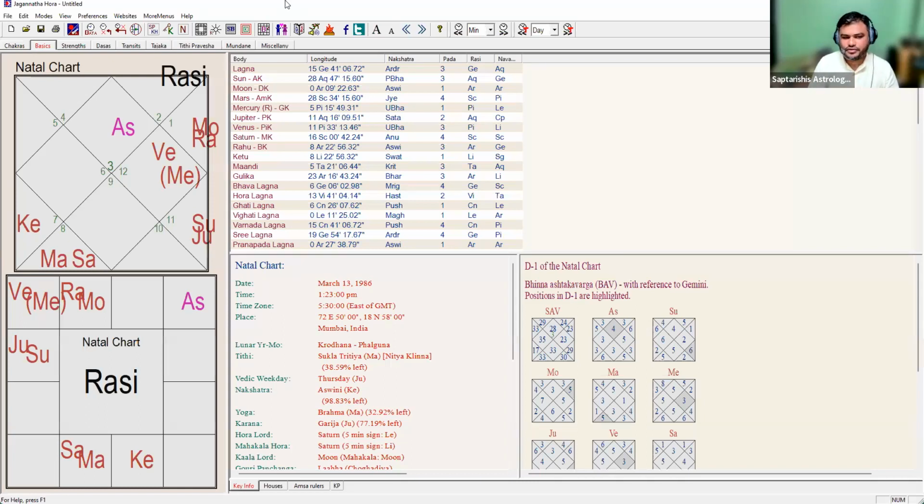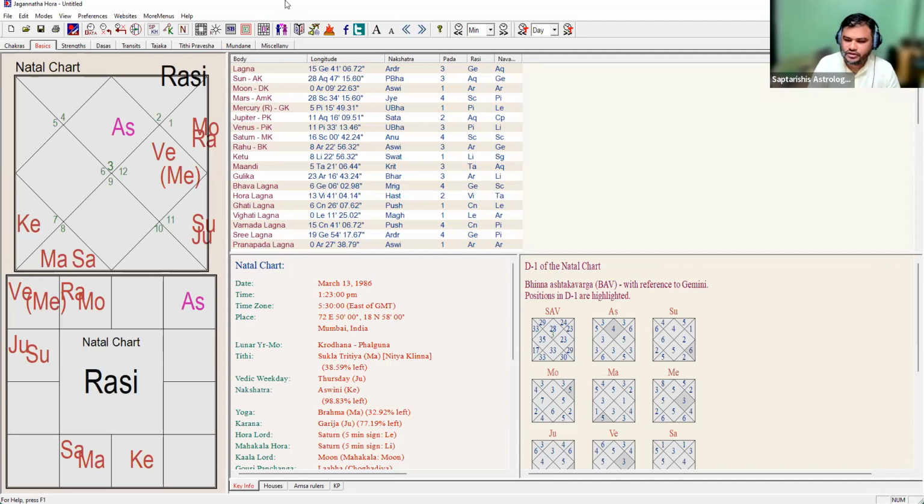Now see this chart. In this chart, Lagna is Gemini, aspected by Jupiter from the 9th house and Ketu from the 5th house. Any other aspect? Mars from the 8th house, Mars in its own sign with Saturn, is aspecting Lagna.